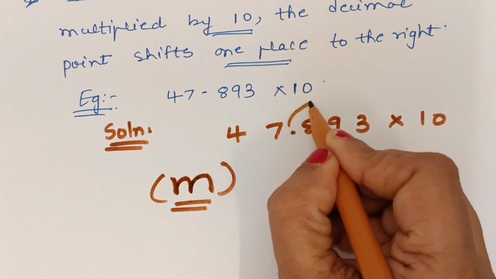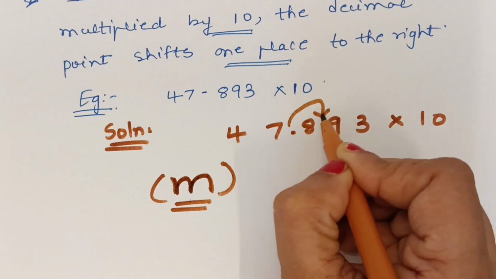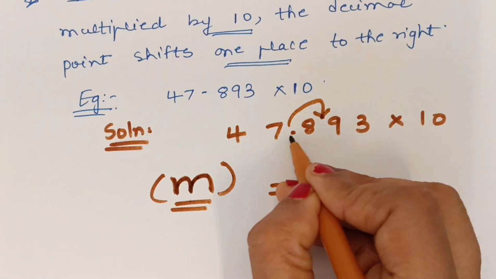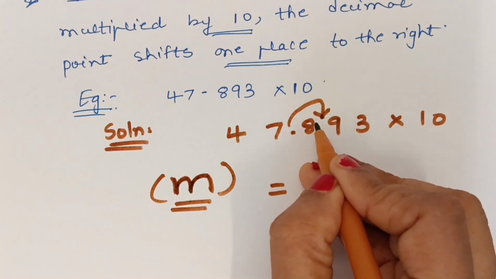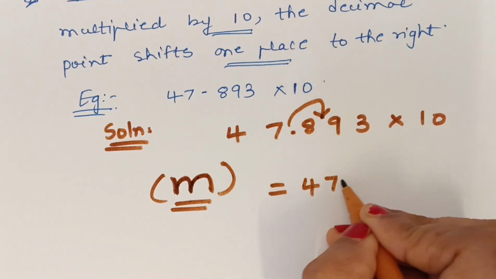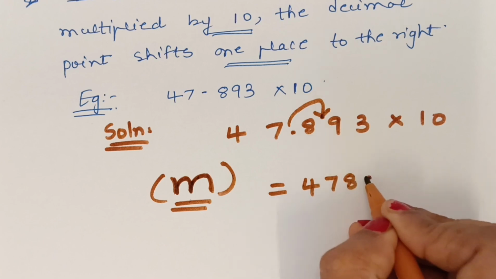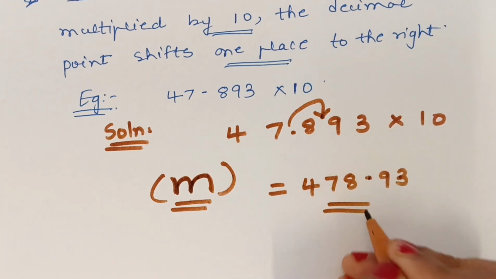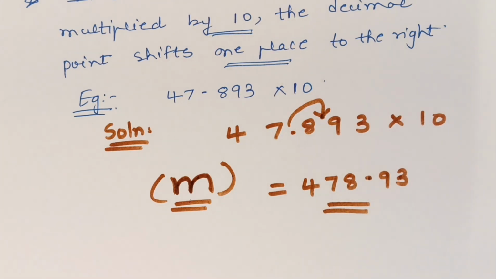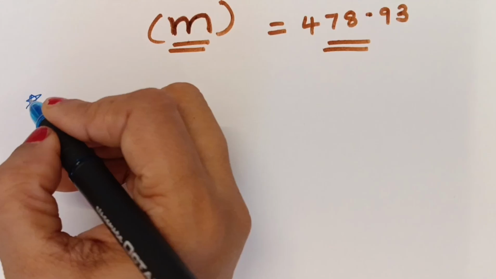So always move towards right and put one arrow over here. So your final answer is what? This decimal point is shifted after 8. So your final answer is 478.93. Let's see the second condition.